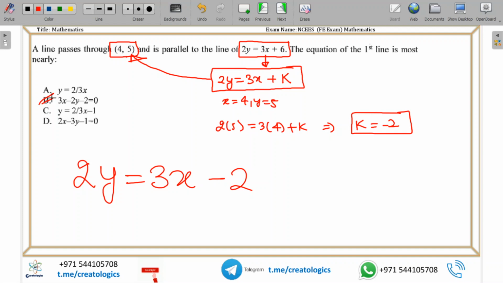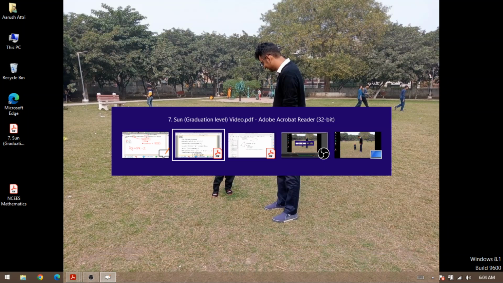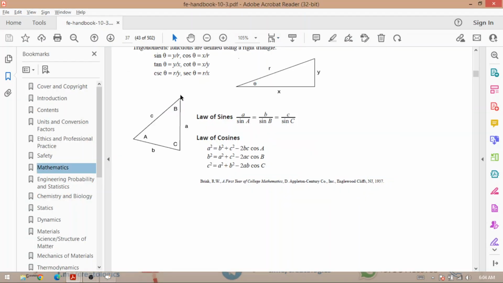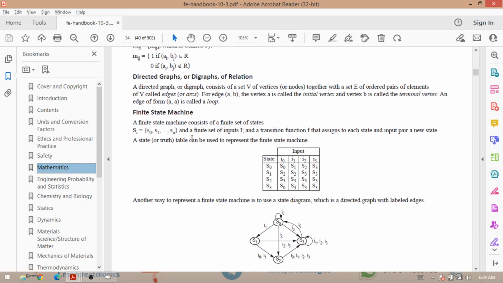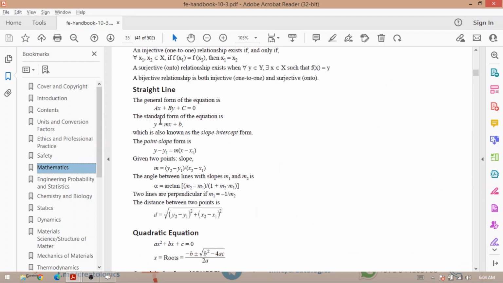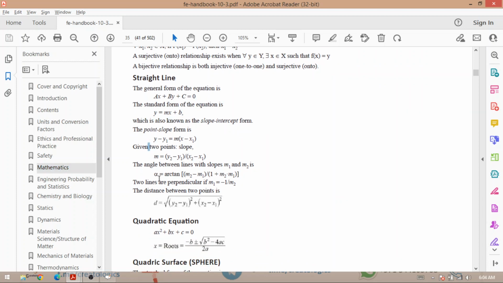You can also see this from your table here. In the mathematics portion, when you go to the straight line, the general form is given, standard form is given, slope intercept form is given, and all. So if two lines are parallel, then their slopes are equal.